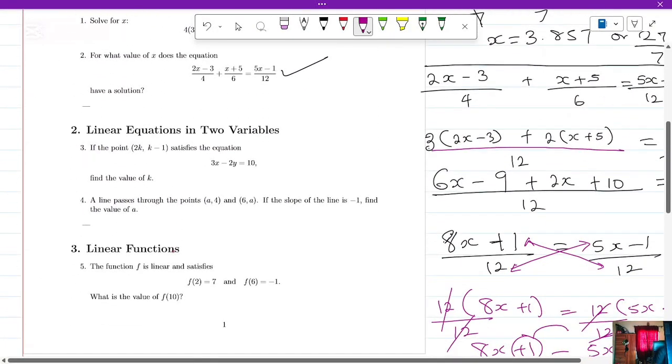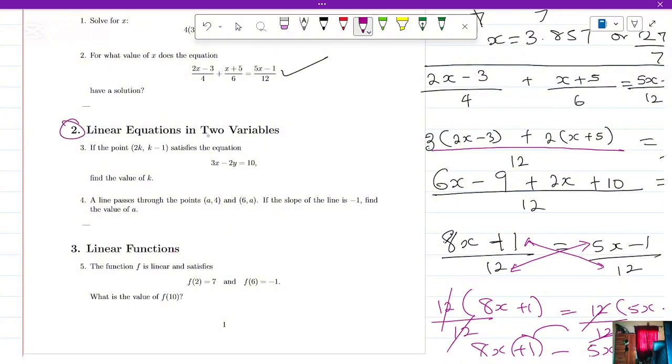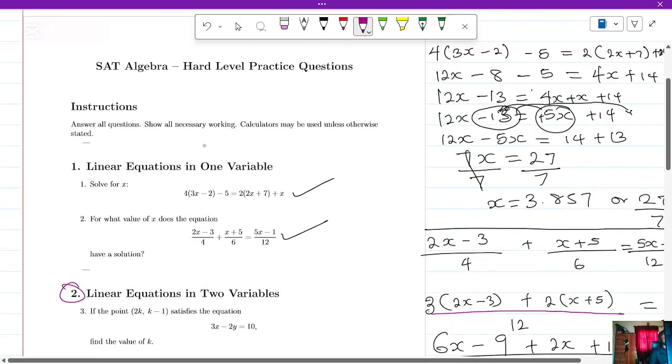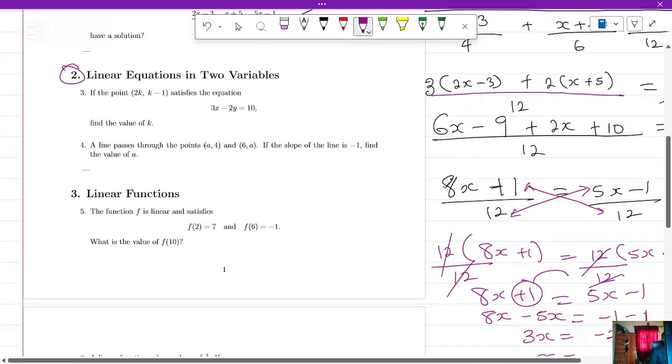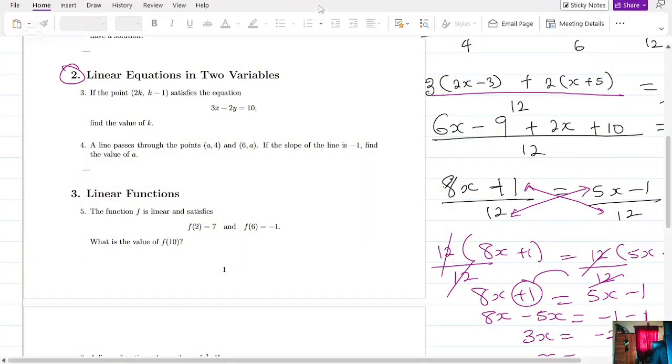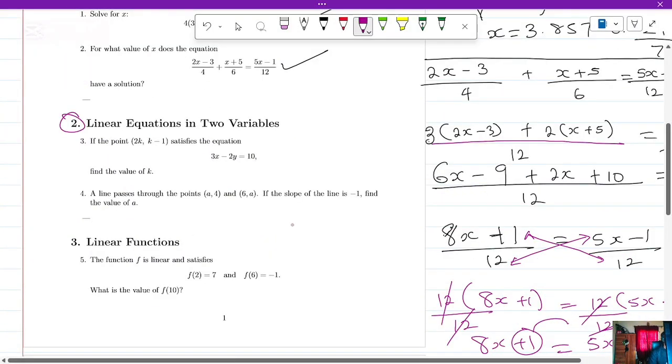Now they said that is number 2 now. Linear equation in 2 variables. We were talking about the linear equation in 1 variable. So let's talk about the linear equation in 2 variables as well. So now let's look at linear equation in 2 variables.